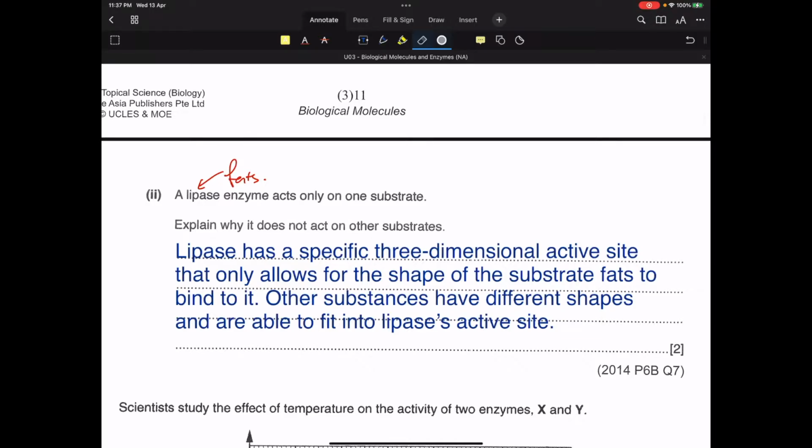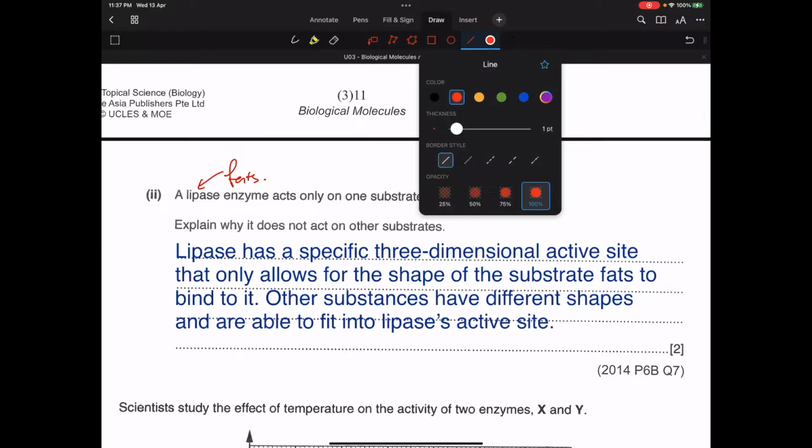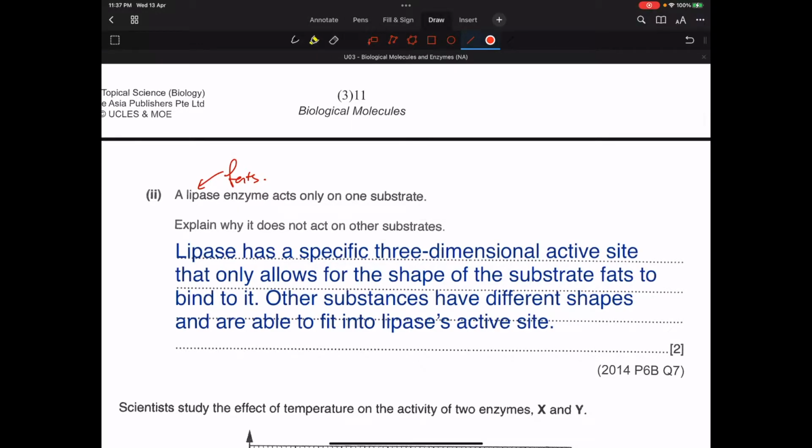So, very key points over here. I'm going to draw in some lines to indicate the important points, such as three-dimensional active site, allows for the shape of the fats to bind to it. So that's your first mark.